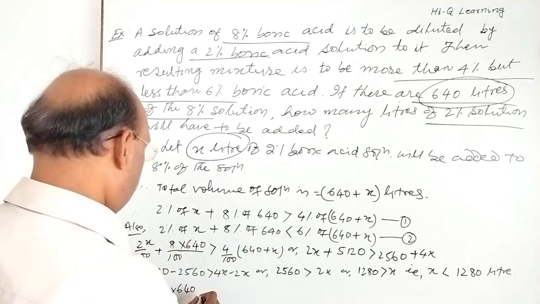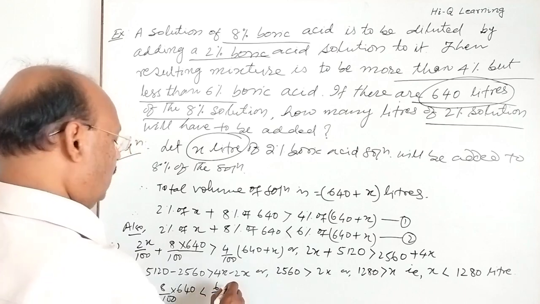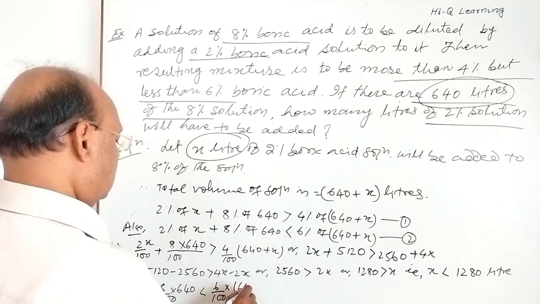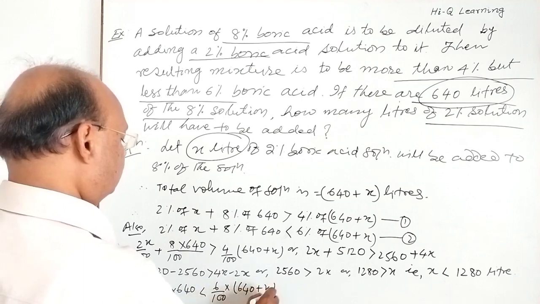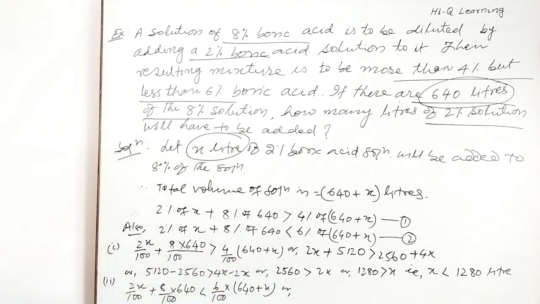This is smaller than 6%, means 6 by 100 into 640 plus X. Multiplying both sides by 100, the denominator will be cancelled out.